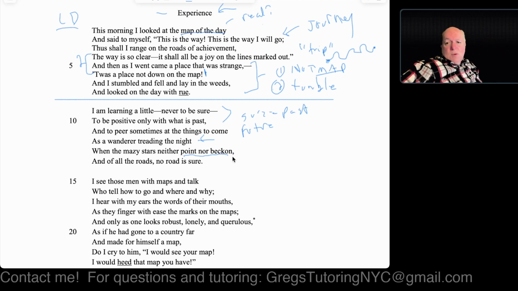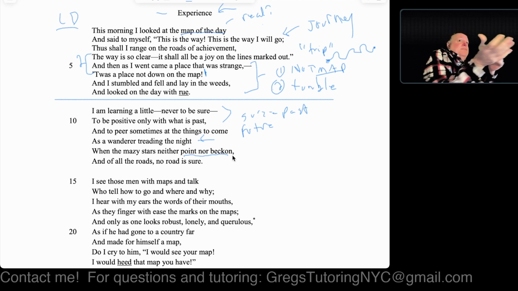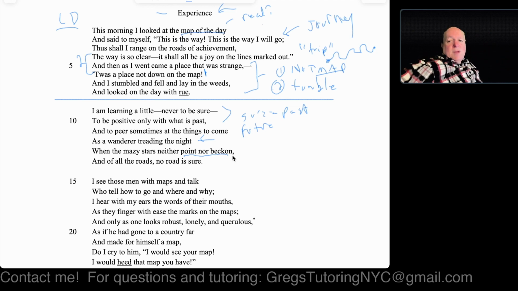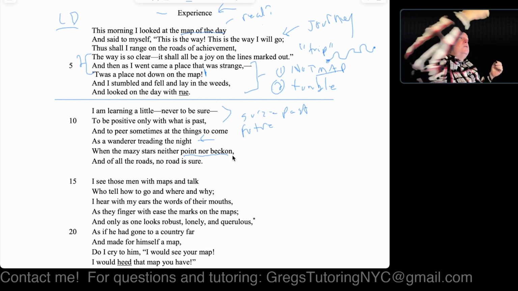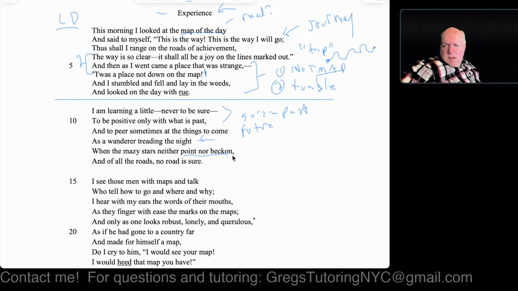There's certain things where we're drawn to certain things. So the author's trying to say these things are there, but he doesn't know which way to go, really. No matter whether it's pointing them in that direction or calling them to go that direction, he's saying the stars are doing neither. And of all the roads, no road is sure.